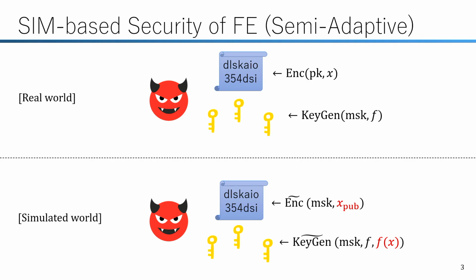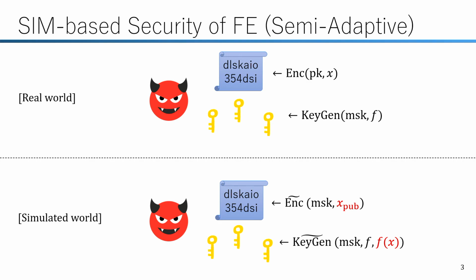More precisely, we consider two worlds. In the real world, first the adversary obtains the ciphertext for the challenge message, which is generated honestly. Then the adversary can obtain as many secret keys as it desires.